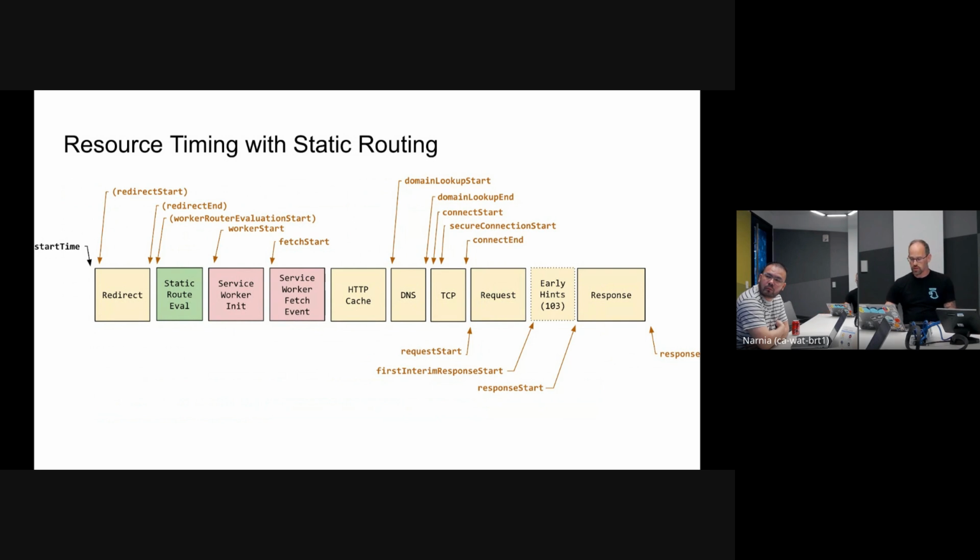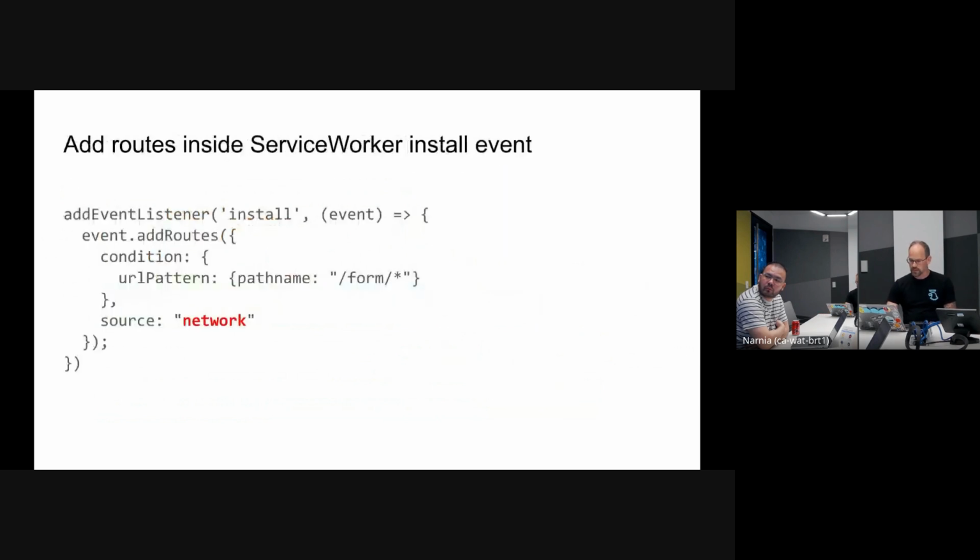And so what you do, you can add routes inside of your install event. So in your main document, when you install your service worker, you can say, here are a bunch of URL patterns, and here are some strategies for dealing with them. In this case, this would add a route that takes anything of this particular form and says these requests can go directly to network.